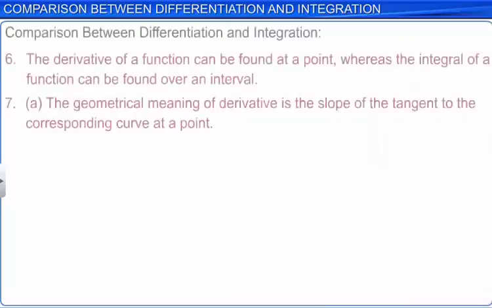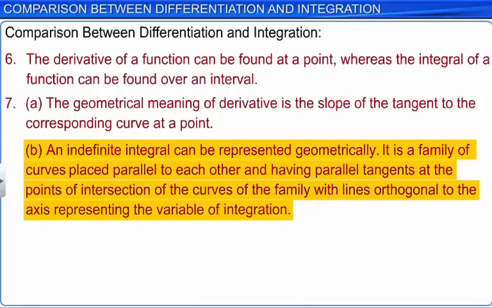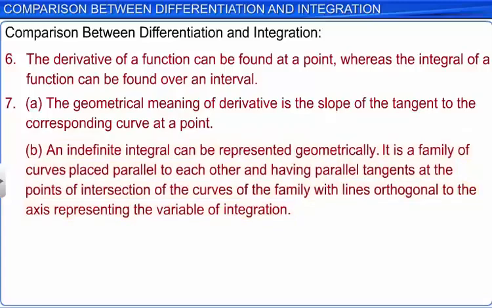An indefinite integral can be represented geometrically. It is a family of curves placed parallel to each other and having parallel tangents at the points of intersection of the curves of the family with lines orthogonal to the axis representing the variable of integration. Consider these functions.